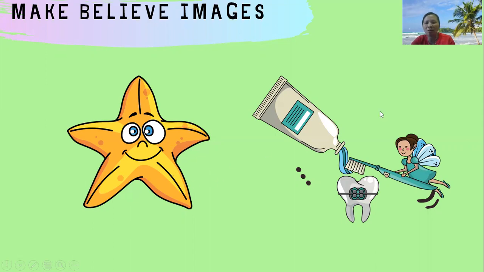Of course, this is not real. We have here the tooth, the toothpaste, and the tooth fairy. Okay, so this is not real because there is no such thing as a fairy flying up in the sky and brushing our teeth. Next one, we have the walking book.